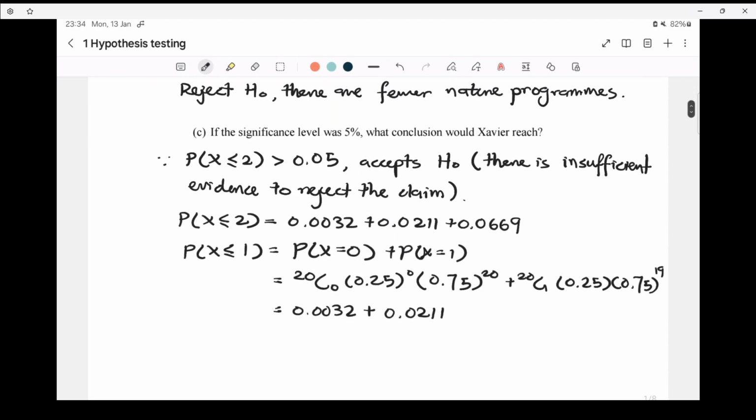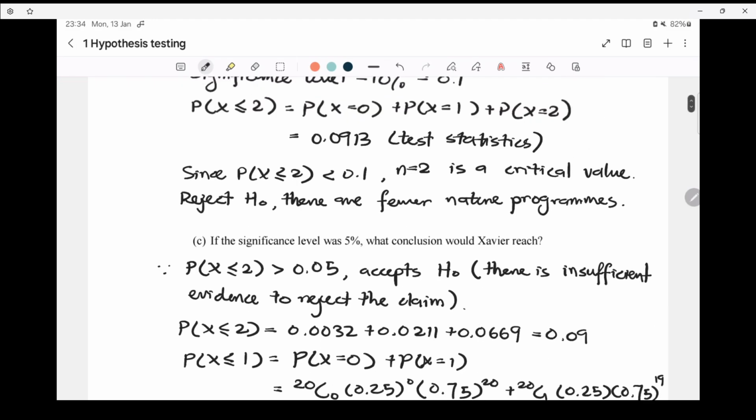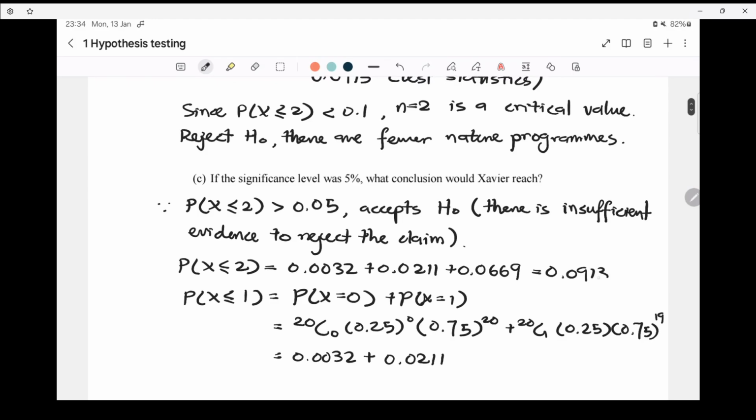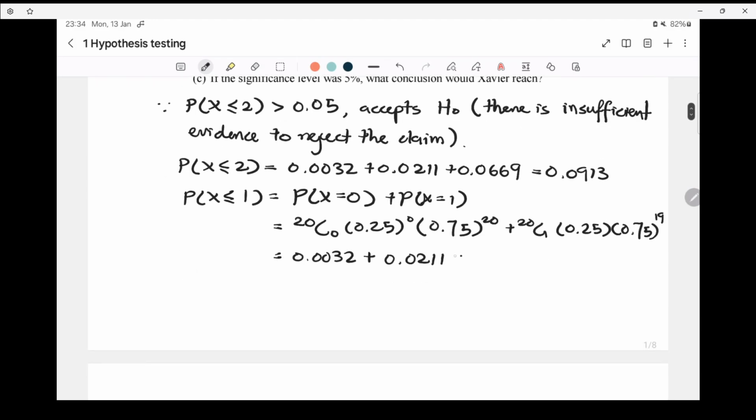Yeah, it's correct. Somehow I calculated something wrong just now. So this is 0.0913. Okay, so let's continue.